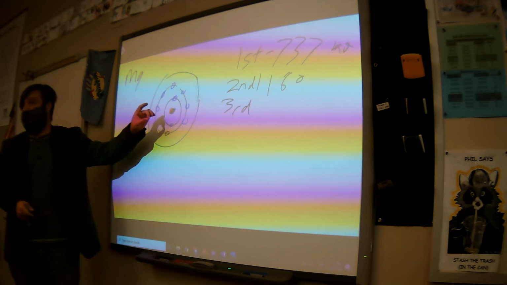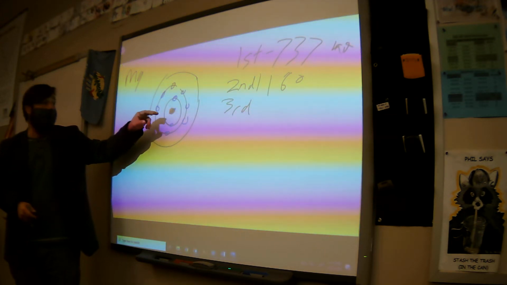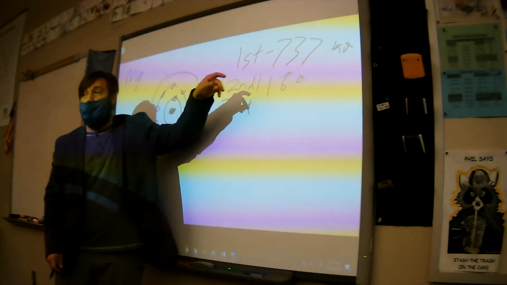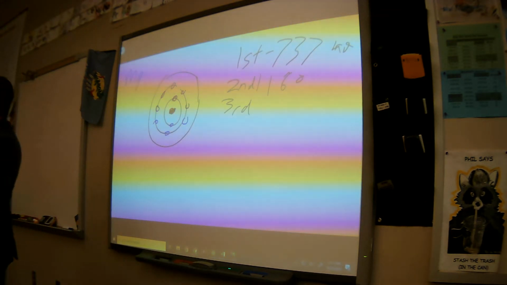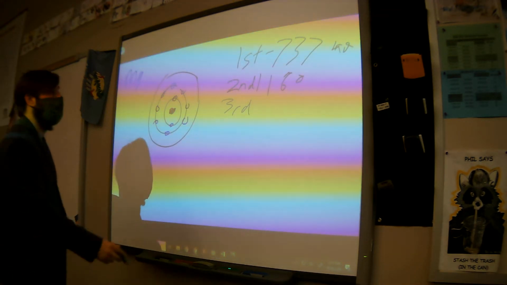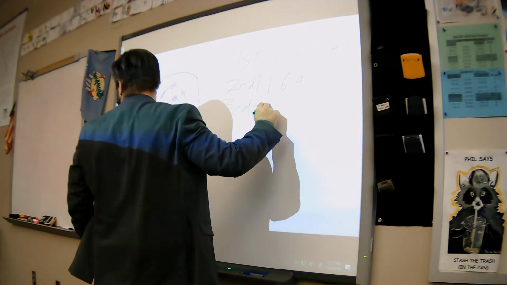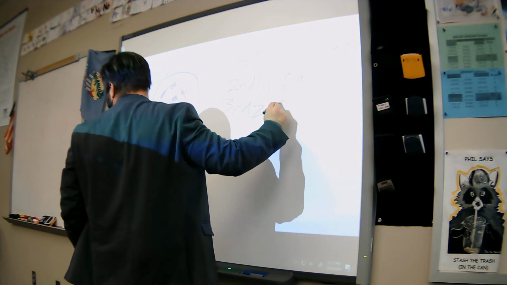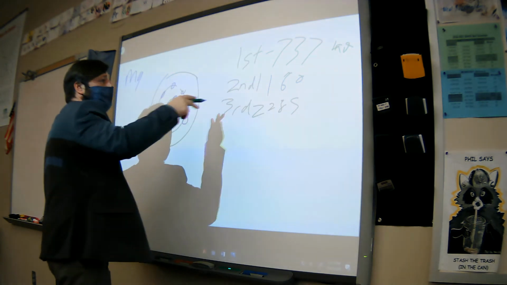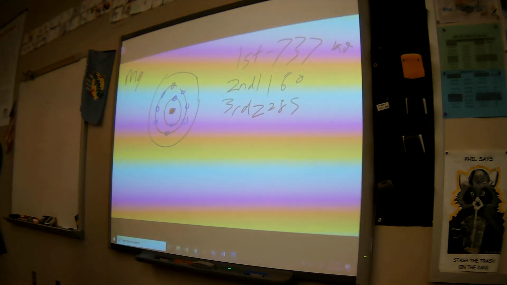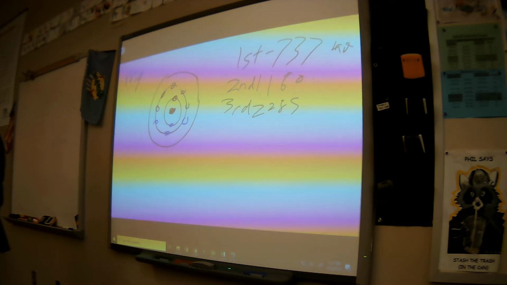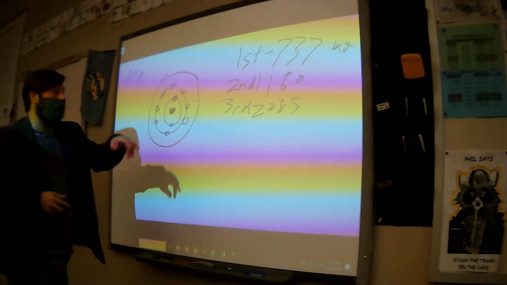So these are a lot closer now. So you're not just going to have a little bump up. In fact, what's the third? 2,285. A big jump up, right? A big jump right there. Make sense? Because now it's a lot closer.